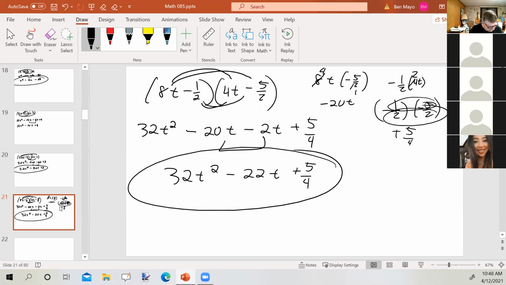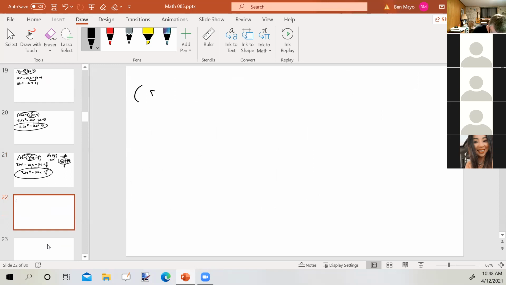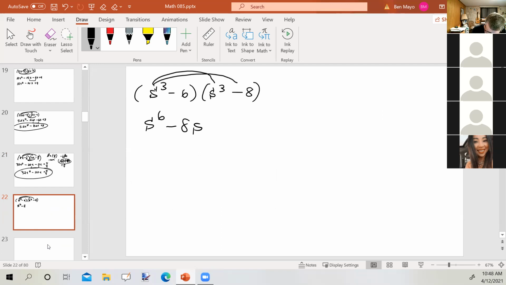All righty. How about this one? S cubed minus 6 times s cubed minus 8. So now we've got s cubed times s cubed, which is s to the 6th power. S cubed times minus 8 is minus 8s cubed.